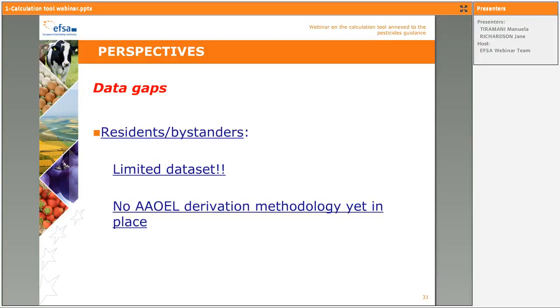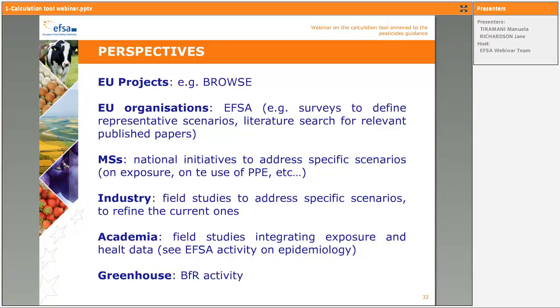So, as I said, these are the main data gaps for the resident bystanders. We expect to have work done and developing in the near future. The BROWSE project, for instance. EFSA is at this time assessing a procurement for an activity on resident bystanders.